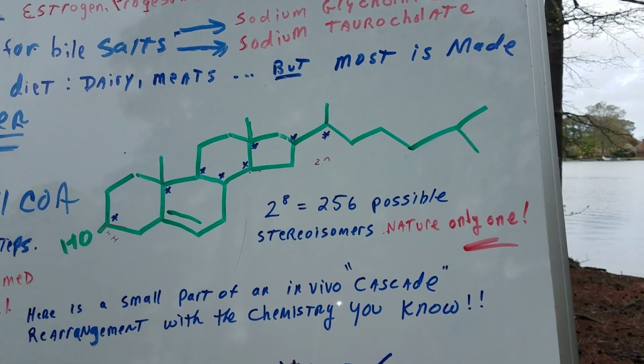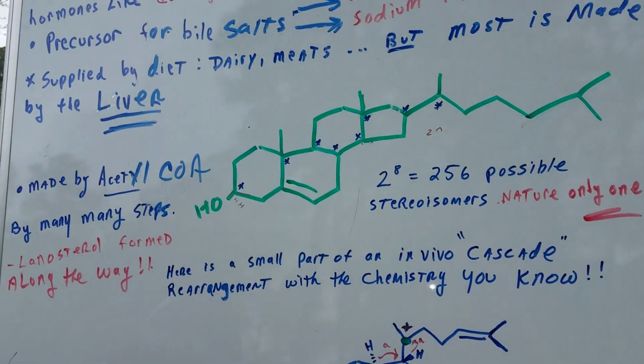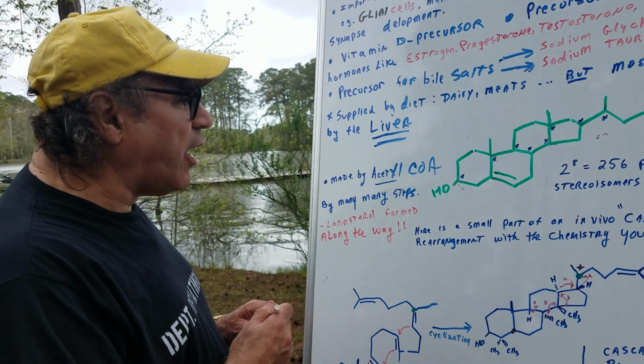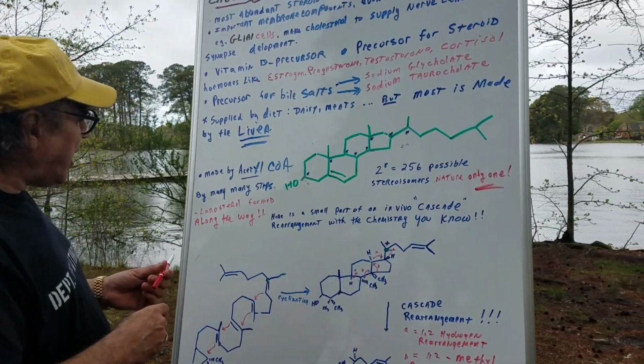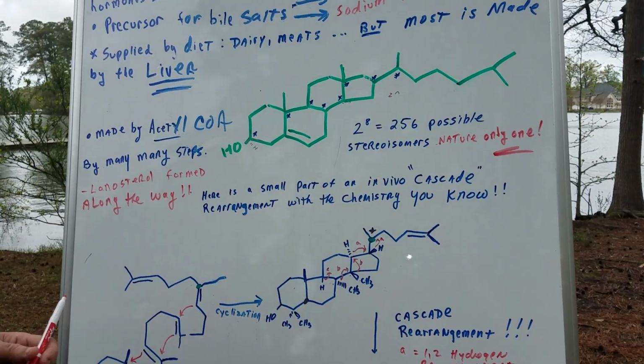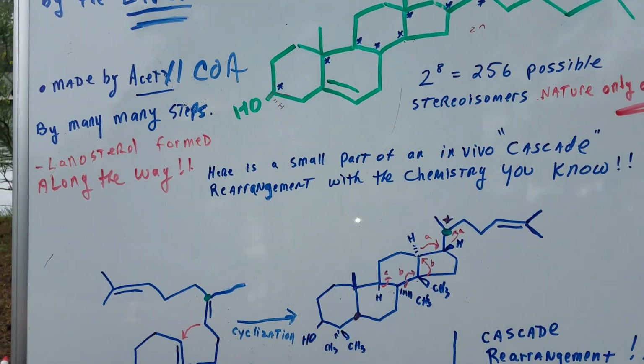Now, what I'd like to do is show you a very small portion of how we form cholesterol. There's an intermediate molecule called lanosterol. Lanosterol is formed along the way.